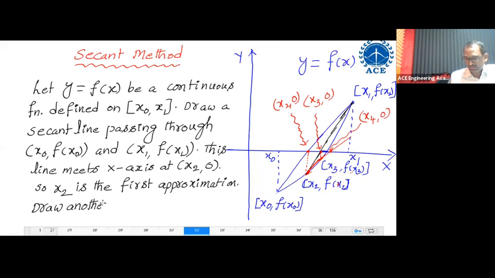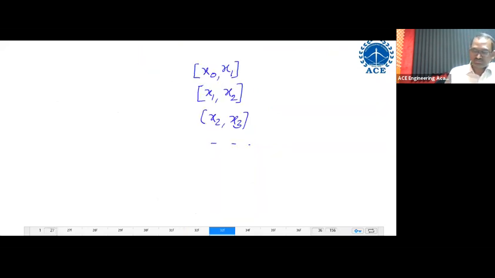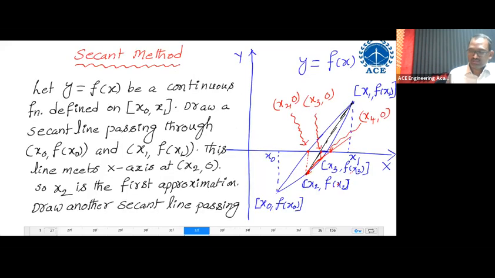Draw another secant line passing through x1 comma f of x1 and x2 comma f of x2.